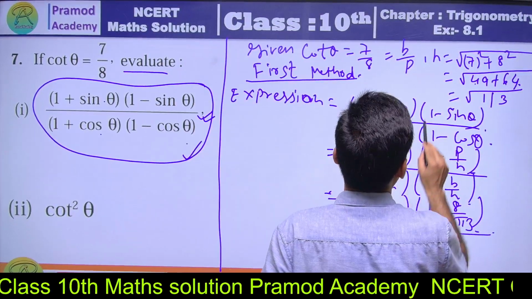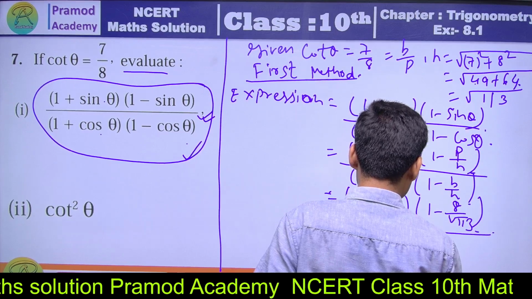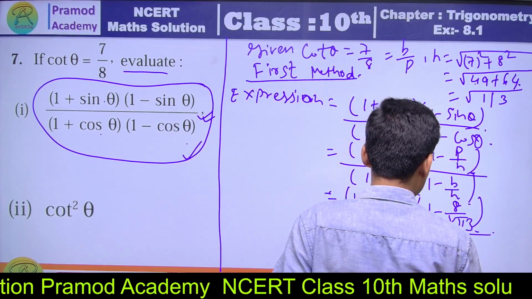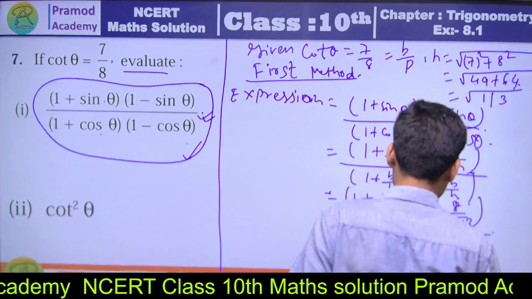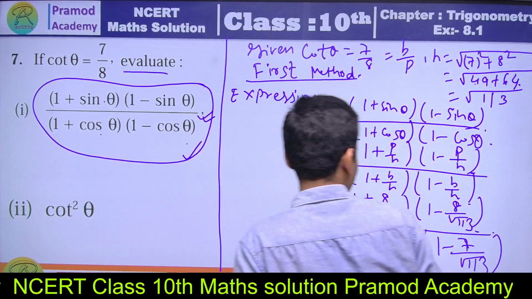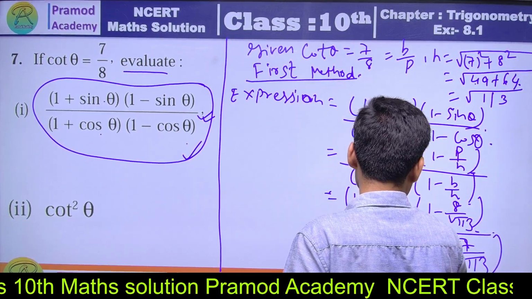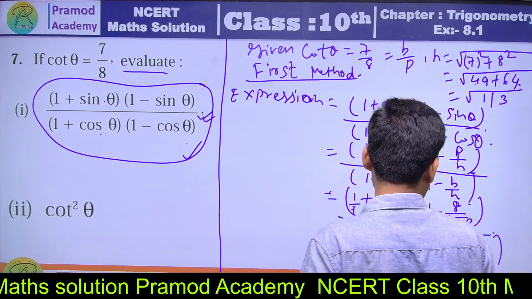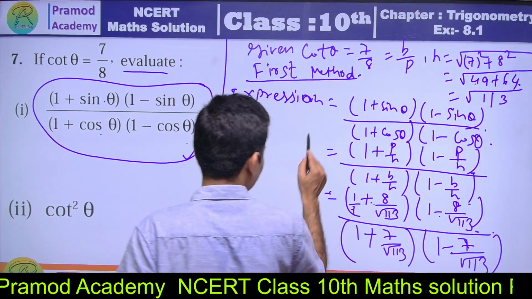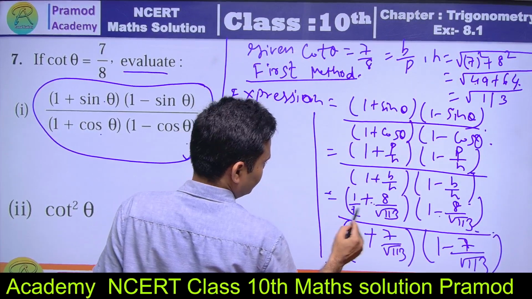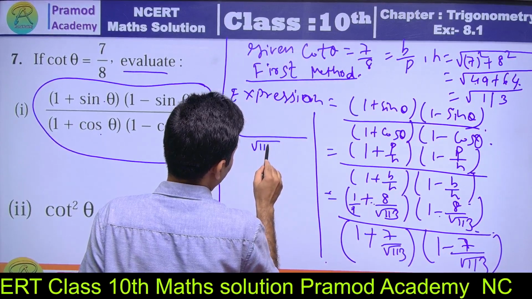b by h, what is the value of b? 7, h is root under 113, so 1 minus 7 by root under 113. So now I can do the addition of fraction here and subtraction of fraction here. The LCM will be root under 113.